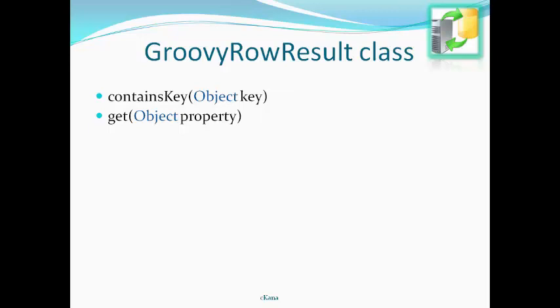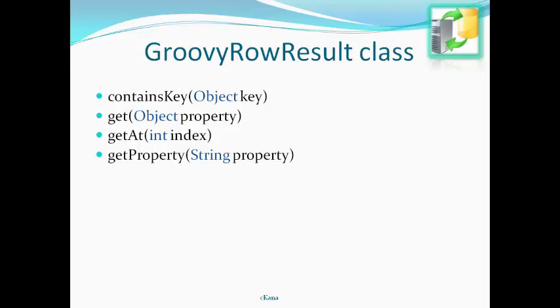Again, it does not bother about the case. Then we have the getAt function. This retrieves the value of the property by its index, the int index, which is its argument. Then we have the getProperty method. This retrieves the value of the property by its case insensitive name. String property is the name that it takes as an input.